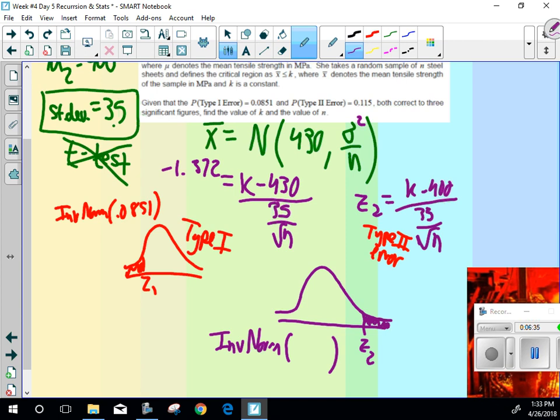So what do I put in here to get this Z? It's got to be 1 minus 0.115. Otherwise, you're going to be picking the wrong Z value. It'll be negative when it should be positive. And that one turns out to be what? What did you get for that one? 1.2004. Yep.